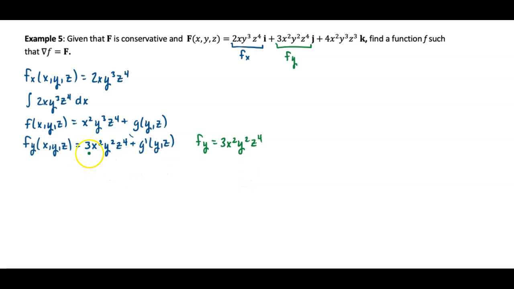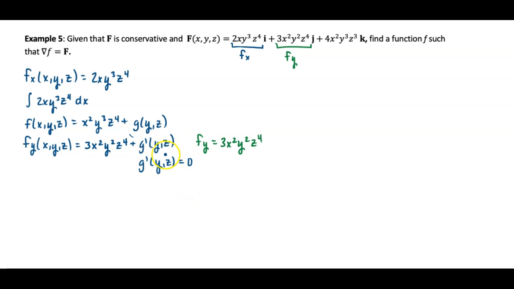Because I see what I see in this potential function with respect to y, as I do in the initial problem, this tells me that g prime of y and z is just 0. So I've successfully solved for g prime of y and z. What that means is that g of y and z is just a constant.